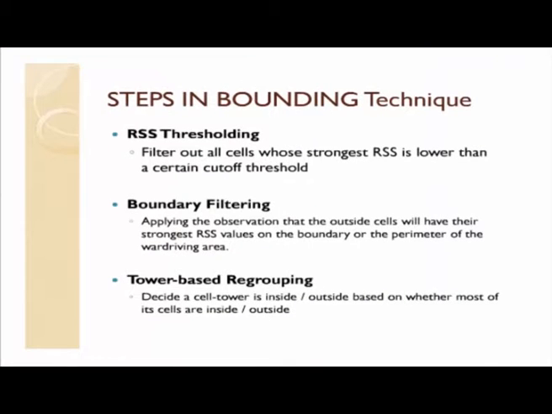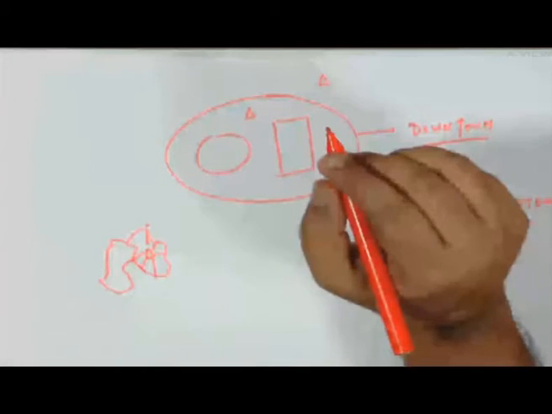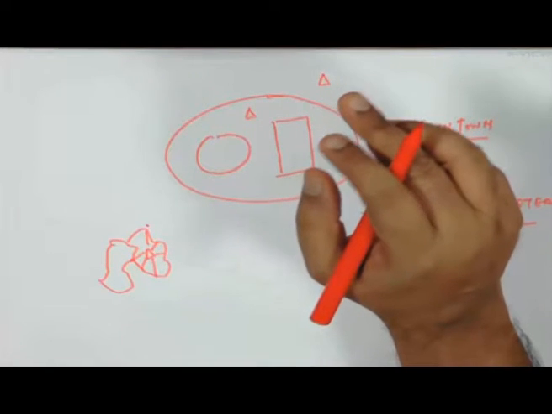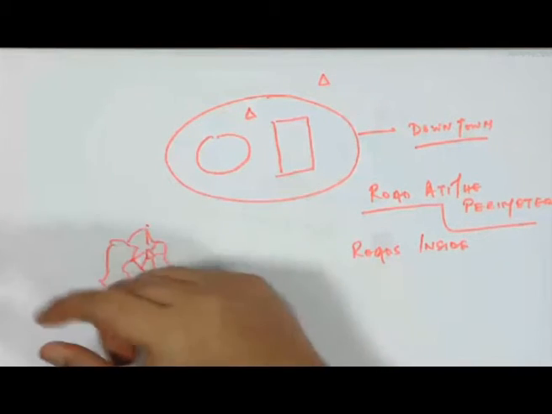So now let us think, what are the steps we can do using this bounding technique? One problem which they identified is, see, if I have a bounded area, there are cell towers outside the bounded area and there are cell towers inside the bounded area.